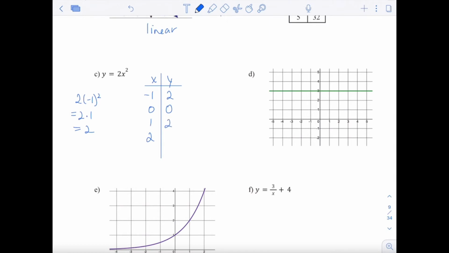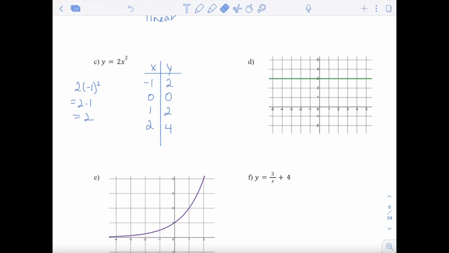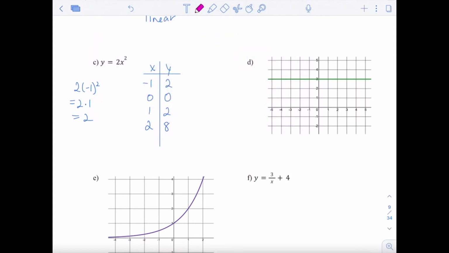This is going to be 2, and this is 4. Sorry, that is 8. So I've picked my pattern in X, and I can see this is -2, -2 plus 2. Already we know it's nonlinear, but we can just do that last calculation.